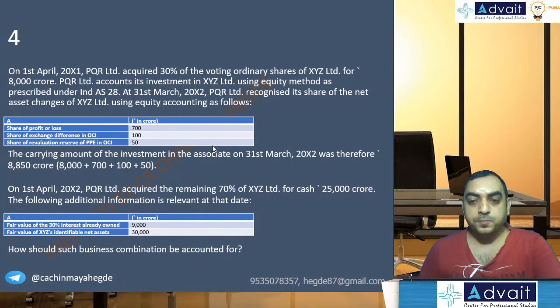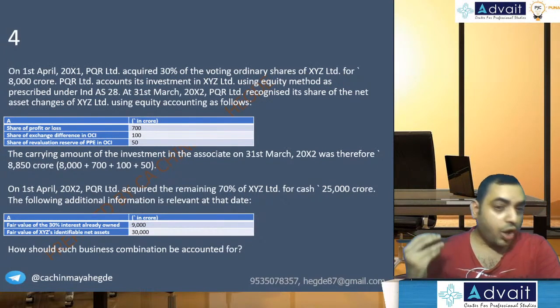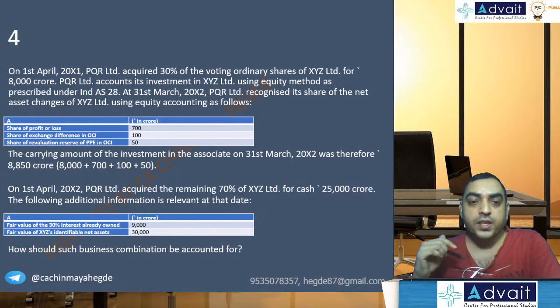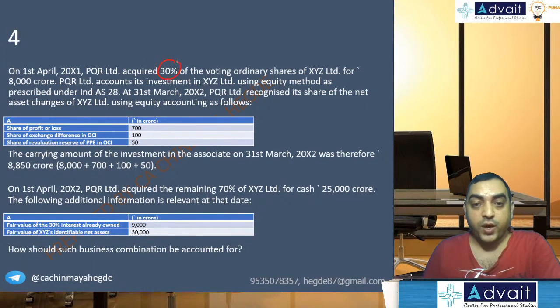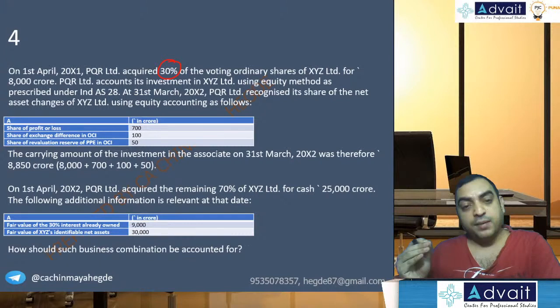Okay, please read the problem. On 1st of April 2001, PQR Limited acquired 30% of the voting ordinary shares of XYZ Limited for 8,000 crores. 30% acquired means PQR Limited accounts its investment using equity method as prescribed under Ind AS 28.